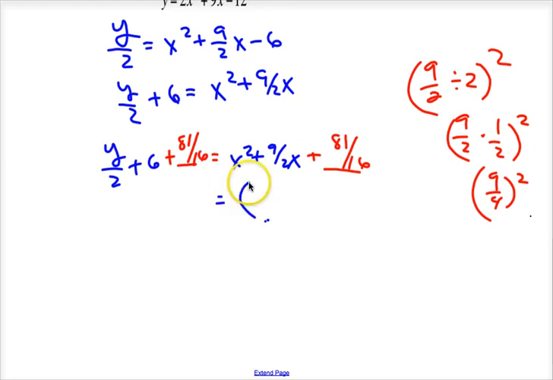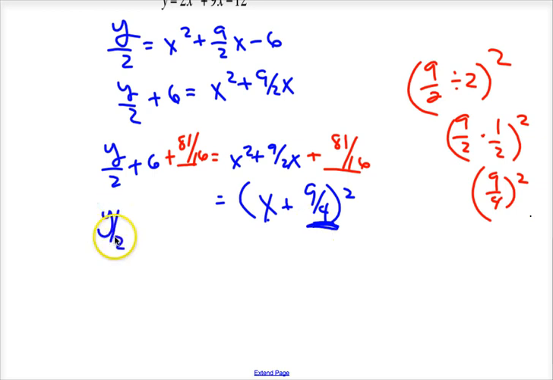That allows me to factor this into x plus 9/4 squared. It's always b over 2 at the end here. And whatever b over 2 is, that's what it factors into on the right-hand side right over here.